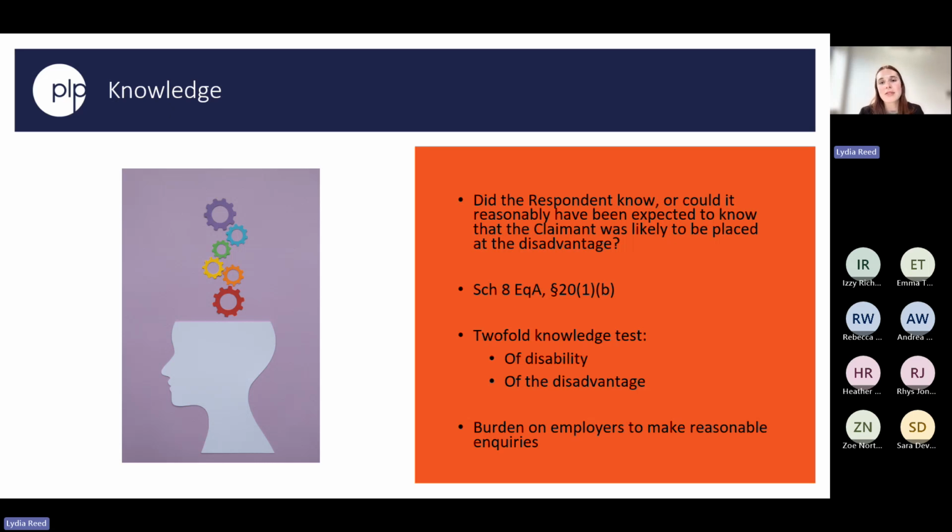And that says that even where an employer knows that an employee has a disability, it will not be liable for a failure to make adjustments if it does not know or could not reasonably be expected to know that a PCP, a physical feature, or a failure to provide an auxiliary aid would be likely to place that employee at a substantial disadvantage.